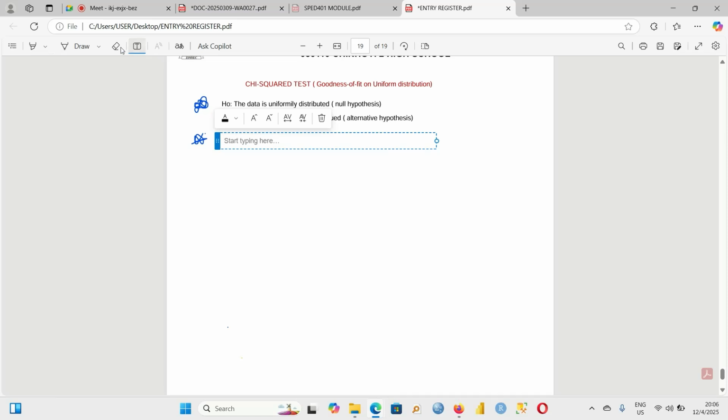So here we are calculating the expected frequencies and the test statistic. That is the second stage.